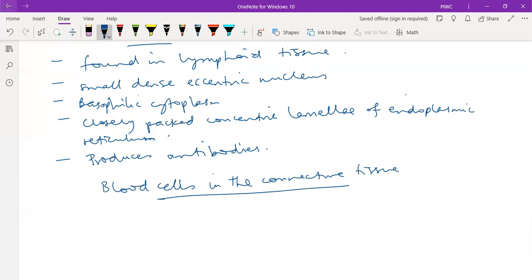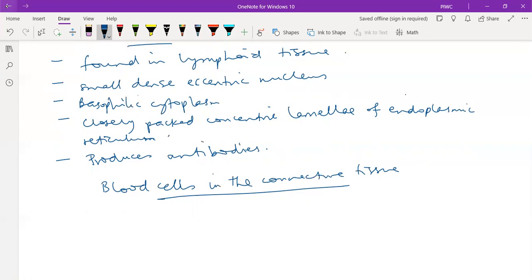So what are the blood cells in the connective tissue? Now, even in healthy tissue, various cells of the blood pass in small numbers through the walls of intact blood capillaries, and they enter the connective tissue.